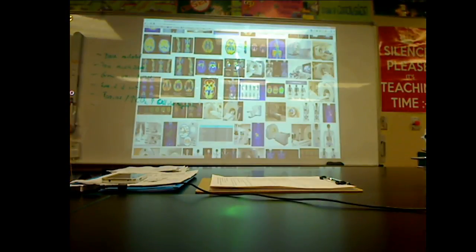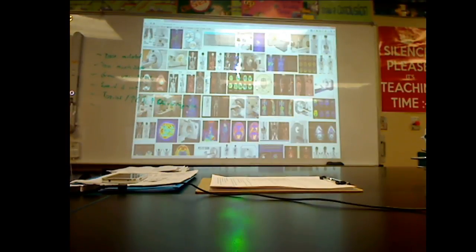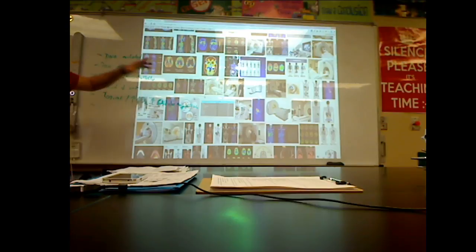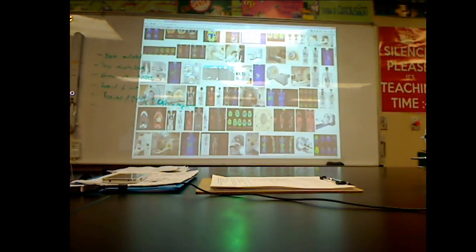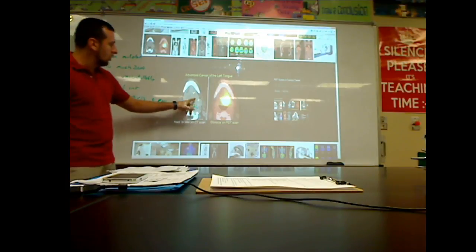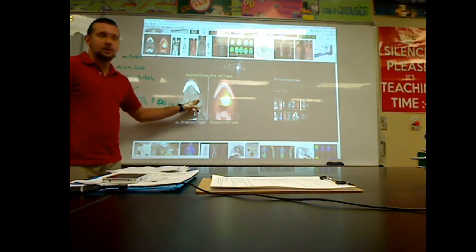So when you have a tumor, by the way, functional MRIs give you a similar picture of activity, but with a different method. But that's used more to see which part of the brain is active when you're doing a certain task. This is more, there's a growth there. Is it malignant? You see, the CT scan will only show you that there's a shape there that shouldn't be there.